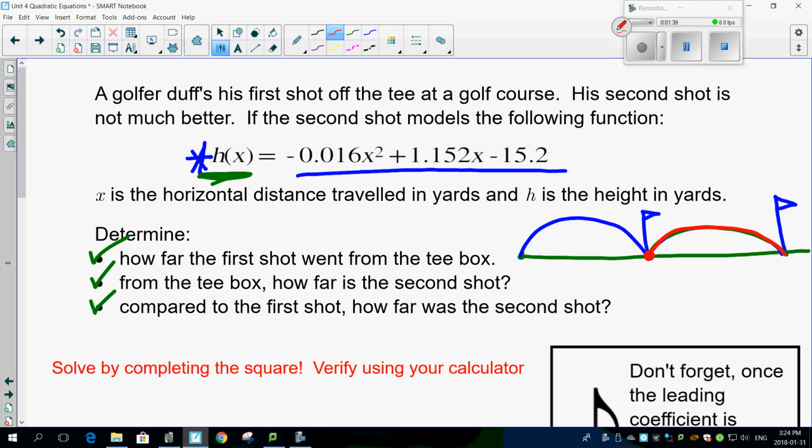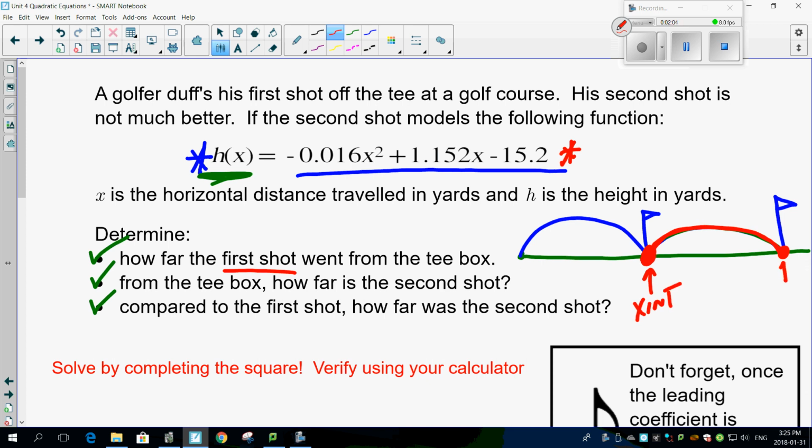So my question is, number one, it says how far is the first shot? Wait a second. If you've got the equation for the second shot, how can you figure out the first shot? Easy. You start from here. Think about it. You start at this point to hit the ball to the second point over here. Okay, so all you need is that x-intercept, don't you? So that's your first x-intercept.